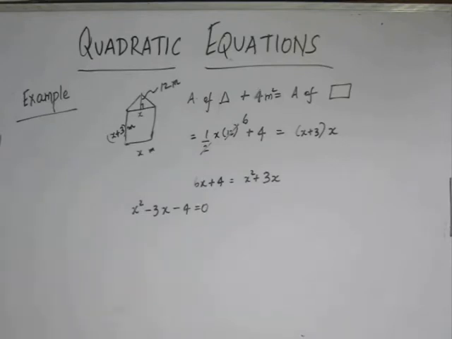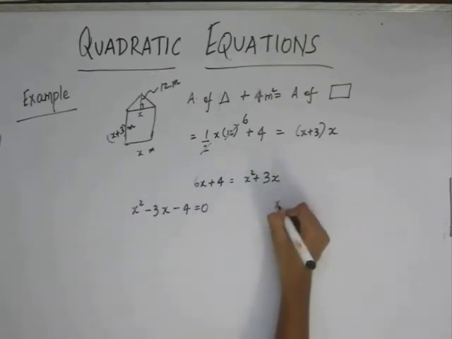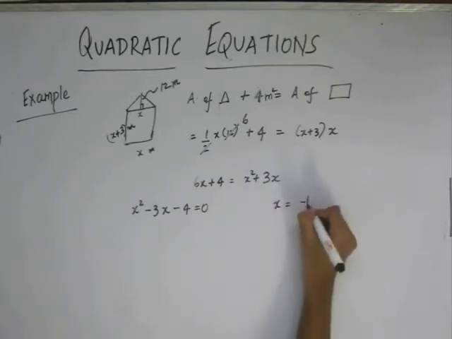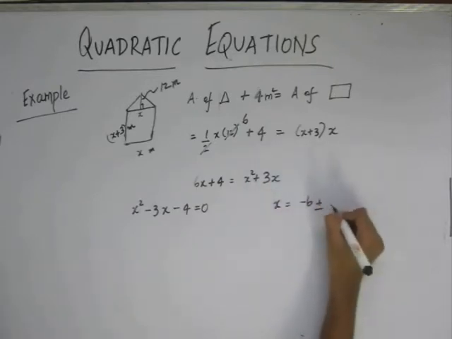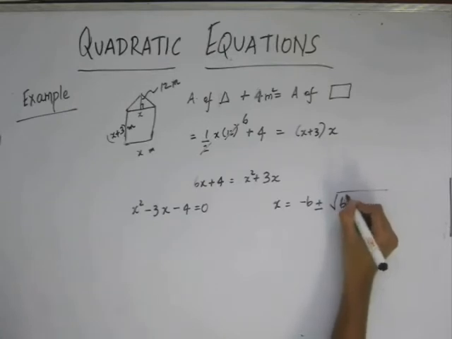Now let us solve this quadratic equation by using the formula that we derived using the completion of square method. I hope you remember the formula. The formula was x is equal to minus b plus or minus root of b square minus 4ac by 2a.